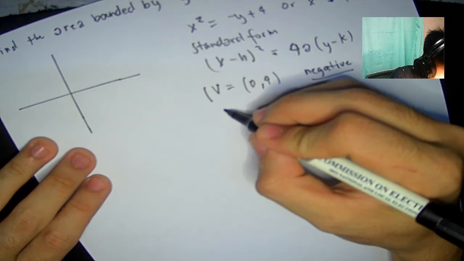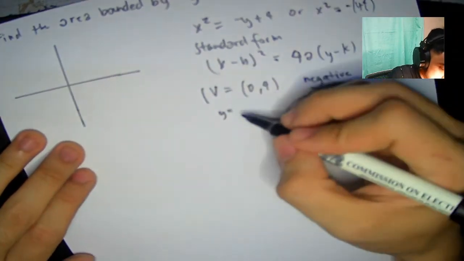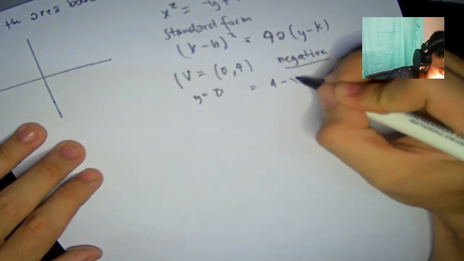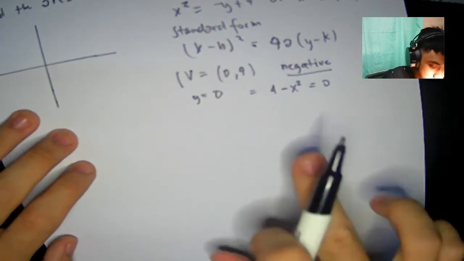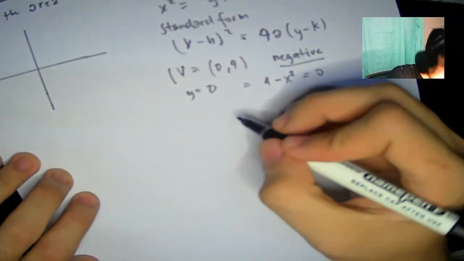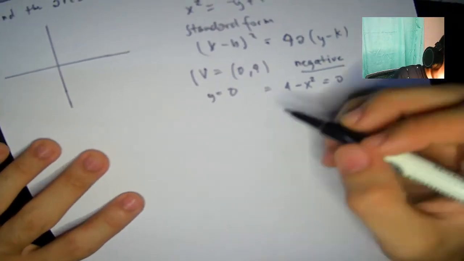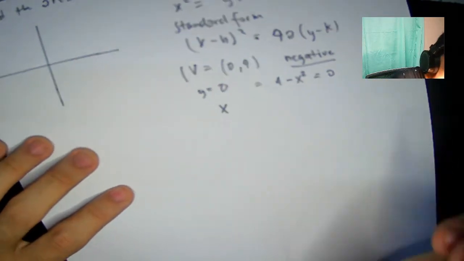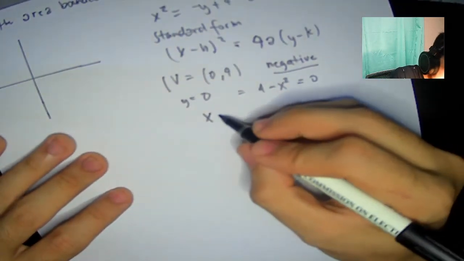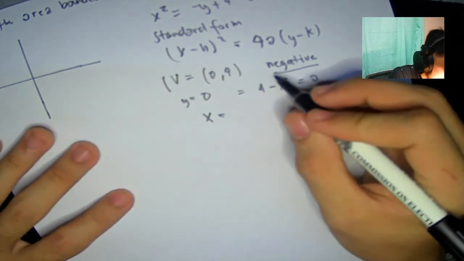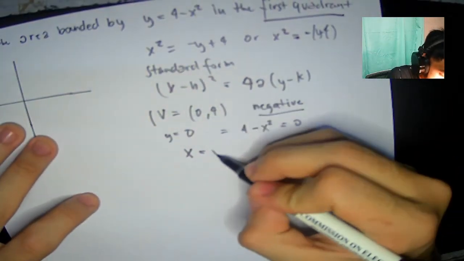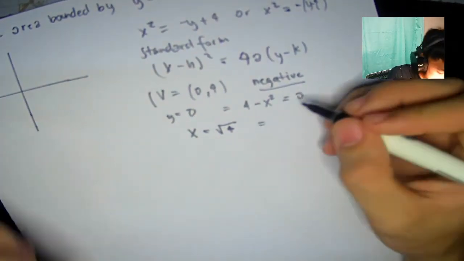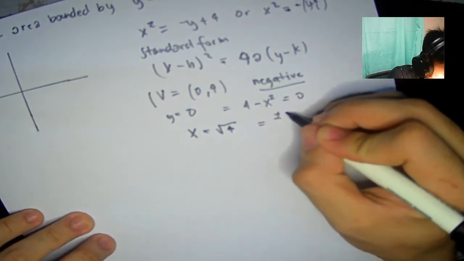Let's make y equal to 0. So let's equate 4 minus x squared equals 0. You get this from here. Let's put x on the other side and remove the squared, so we'll have square root of 4, which is positive or negative 2.